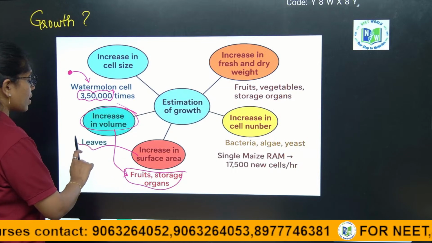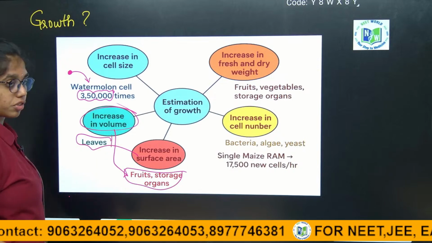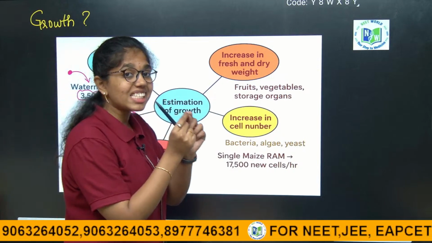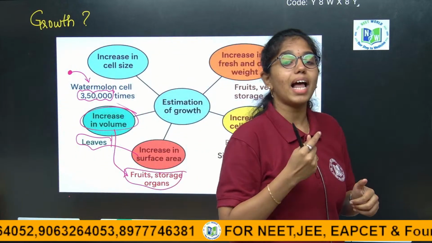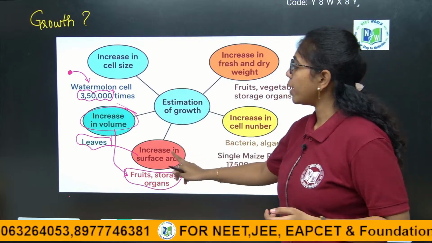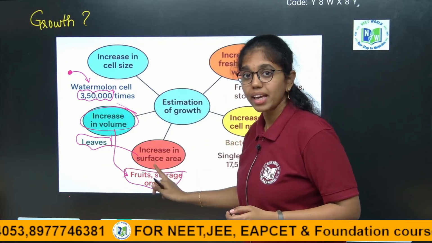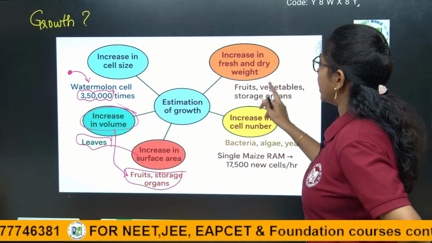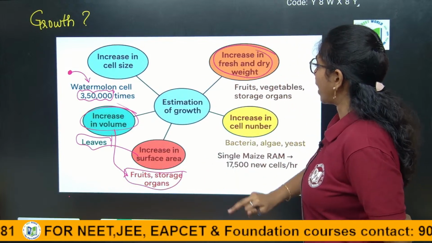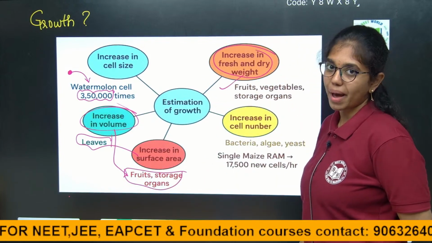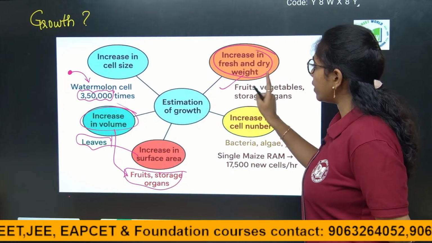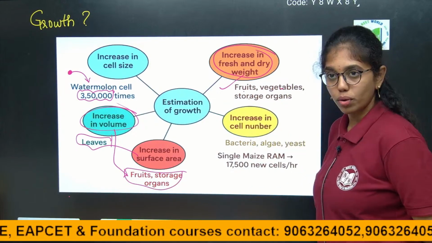Increase in surface area: young leaves will have less surface area and matured leaves will have more, so you can measure growth in leaves by surface area. And increase in fresh or dry weight is also a parameter to measure growth in fruits, vegetables and storage organs.